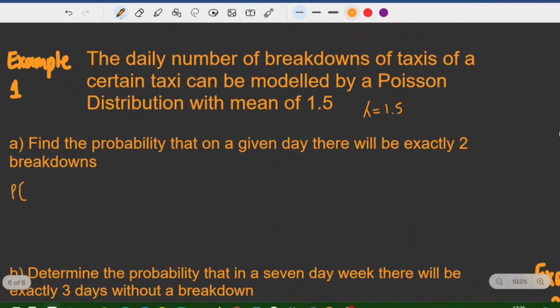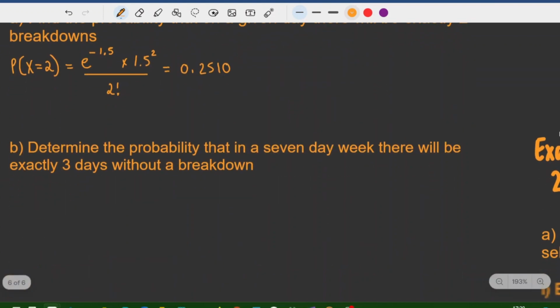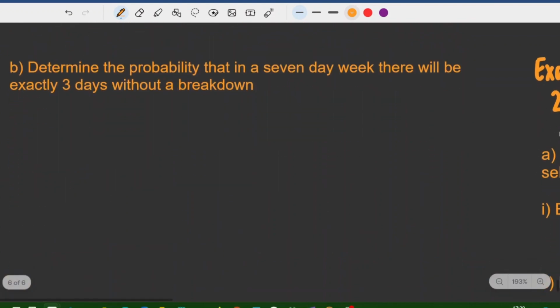So we want to find the probability where there's exactly 2 breakdowns, and this can be modeled by e to the negative 1.5, multiplied by 1.5 squared, because there's 2 breakdowns, over 2 factorial, which gives us the probability of 0.2510.